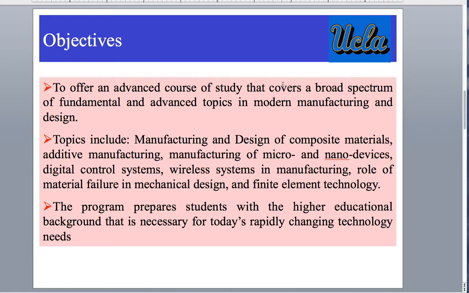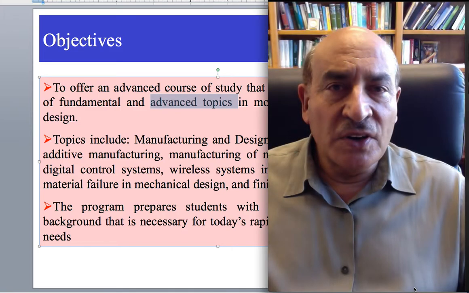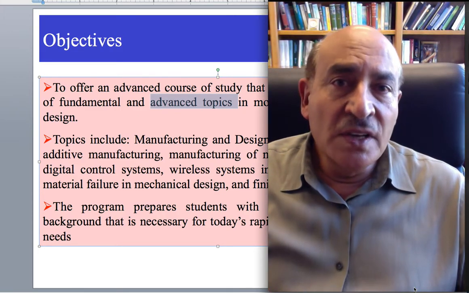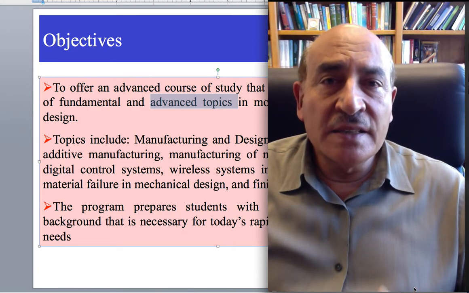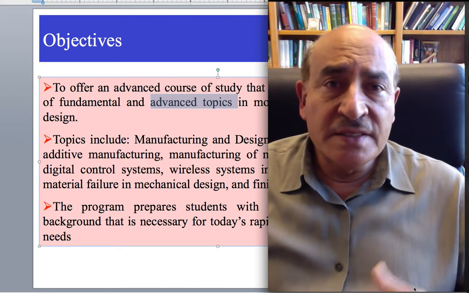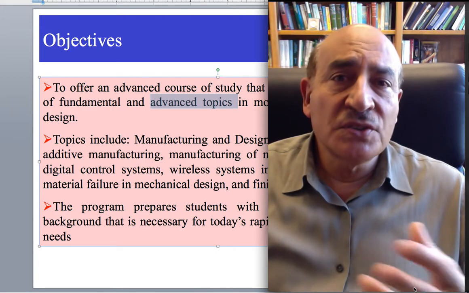First, if we look at the objectives, we wanted to offer an advanced course of study in manufacturing design. This course of study covers a broad spectrum of both fundamental and advanced topics in modern manufacturing design. So you'd expect some fundamental courses related to solid mechanics, equations that relate to strength and strain, and controls and so forth.